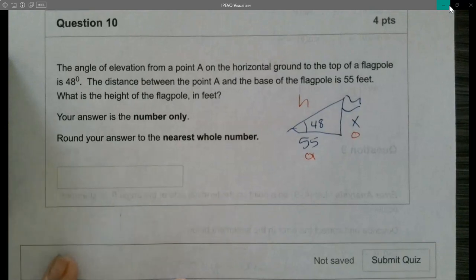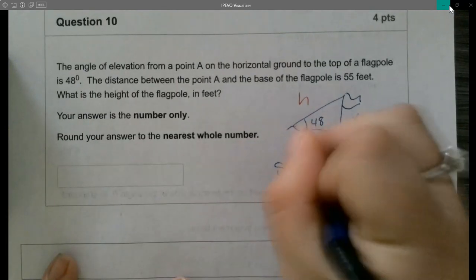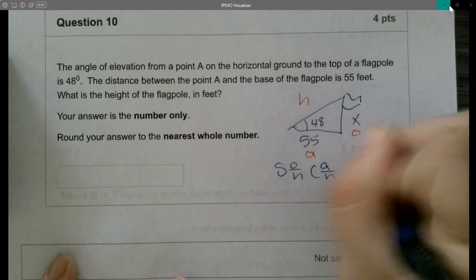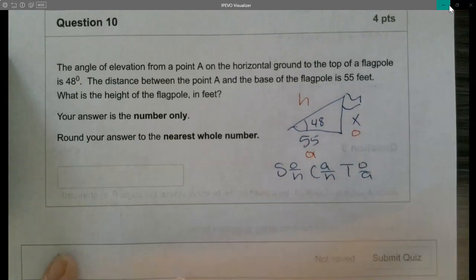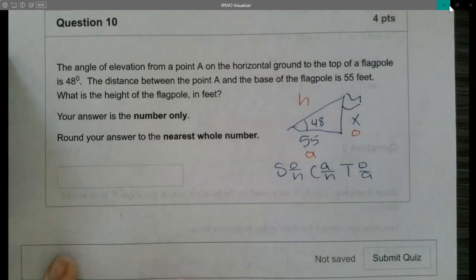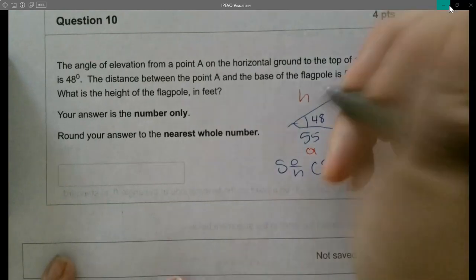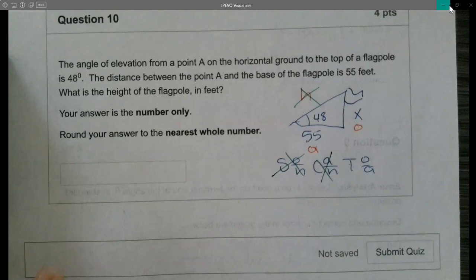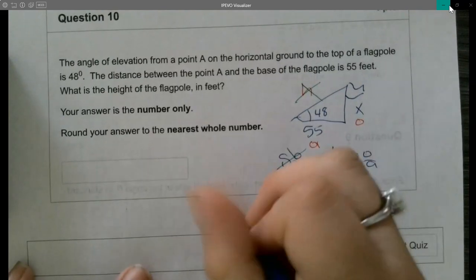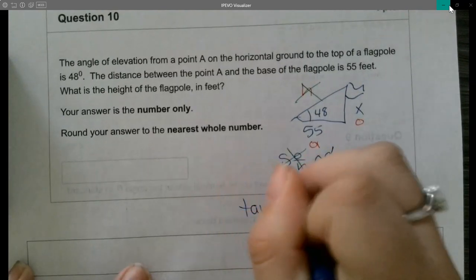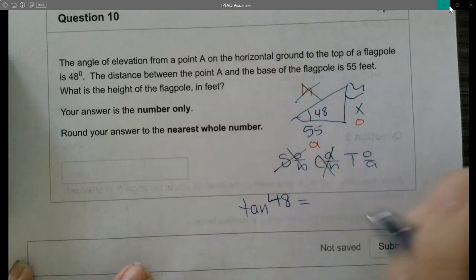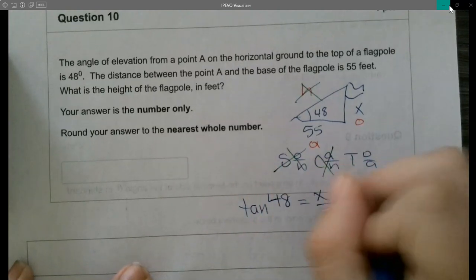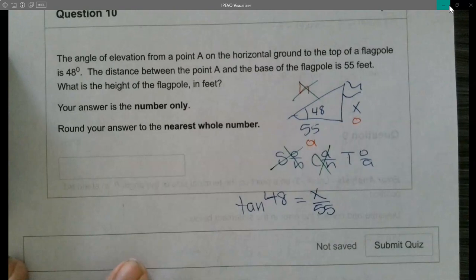So I want to write out SOHCAHTOA so I know which trig function I want to use. The letter that doesn't have a piece of triangle information is H. So I don't want anything with H. That leaves me with tangent. So I have tangent of 48, the angle, equals opposite over adjacent, x over 55.